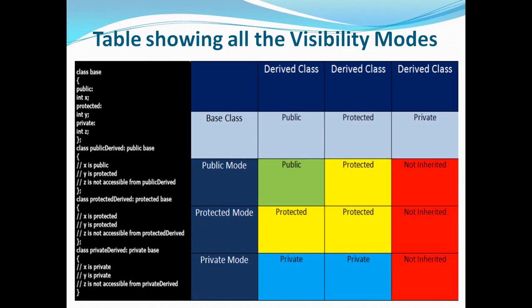This table shows all the visibility modes. In this table, this row is the access specifier of the base class variable, and this portion is the mode of the base class. In the base class, there are three variables x, y, and z.